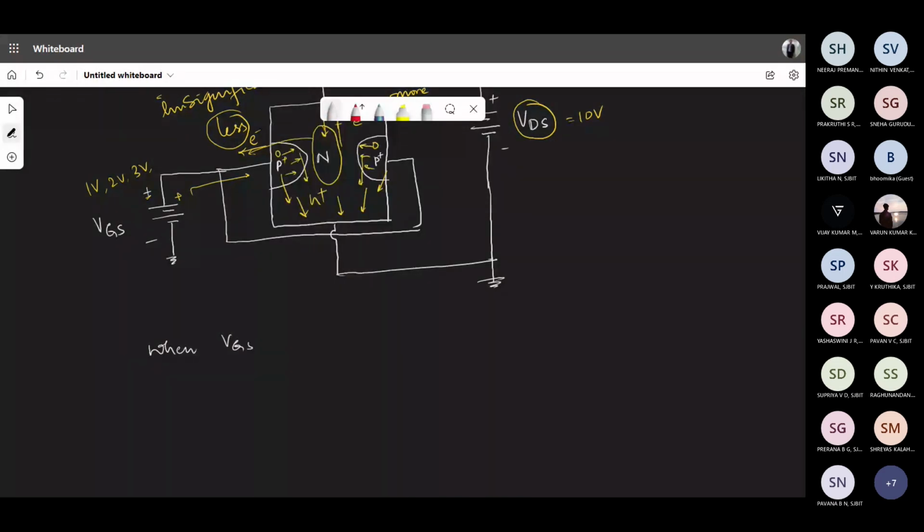when VGS is positive, holes in P plus tend to move towards source, and electrons in the channel. I'm talking about the majority carriers.